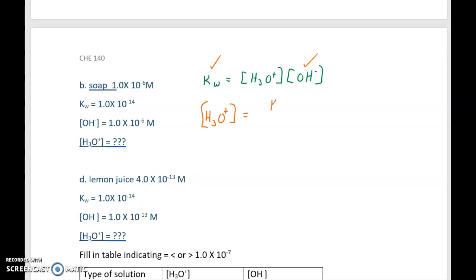It's going to be equal to Kw divided by the hydroxide concentration, so 1.0 times 10 to the minus 14th divided this time by 1 times 10 to the minus 6th. That gives 1 times 10 to the minus 8 molar.